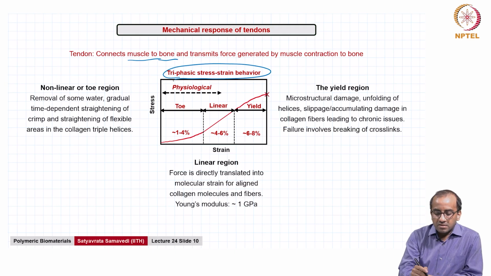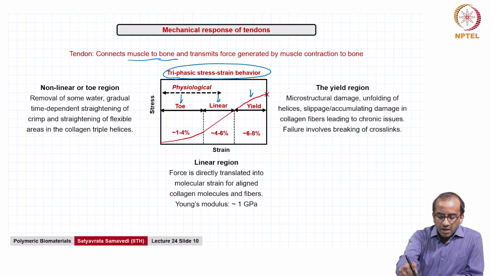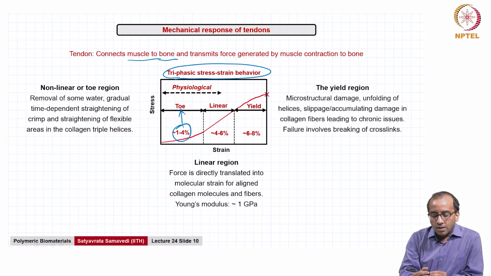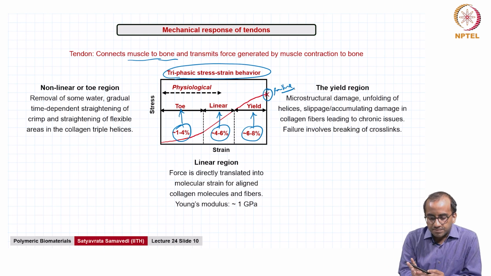What that simply means is there are three distinct regions that can be identified, where roughly you're talking about 1 to 4% being called the toe region, 4 to 6%, again these are ballpark numbers, which we call the linear region, and 6 to 8% roughly strain you would call the yield region, and beyond 8-10% you get failure. Essentially you will rupture your tendon.